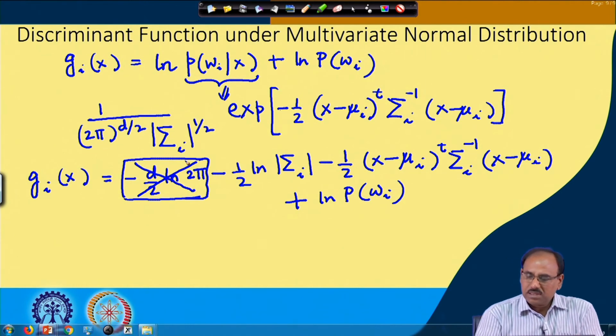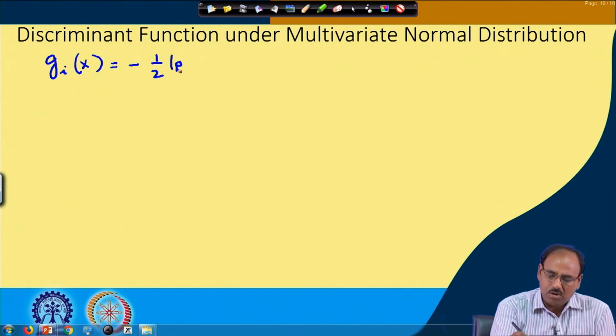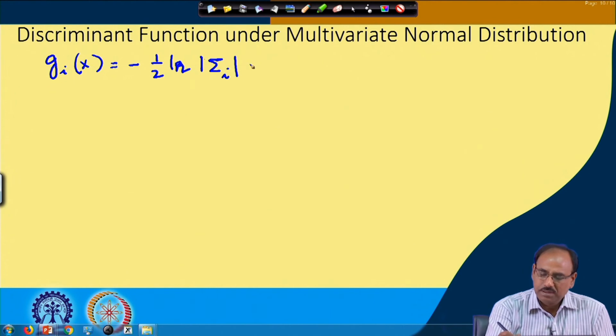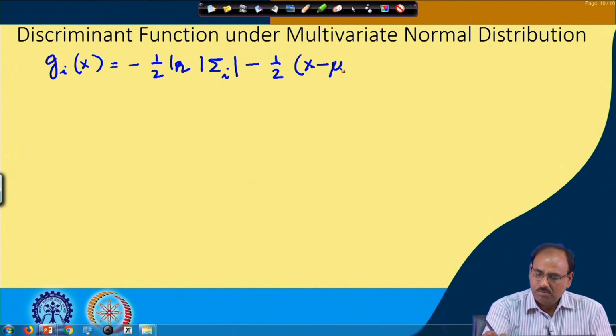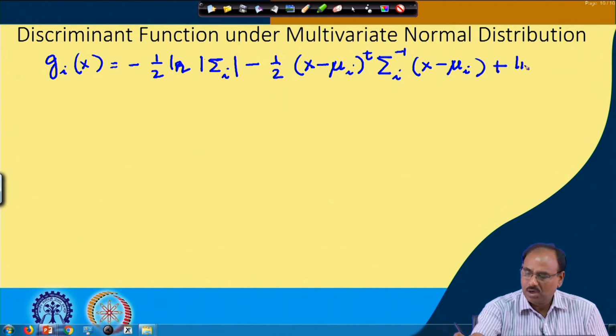So, that simplifies my g I x as minus half log of sigma I minus half x minus mu I transpose sigma I inverse x minus mu I plus log of a priori probability p of omega I.